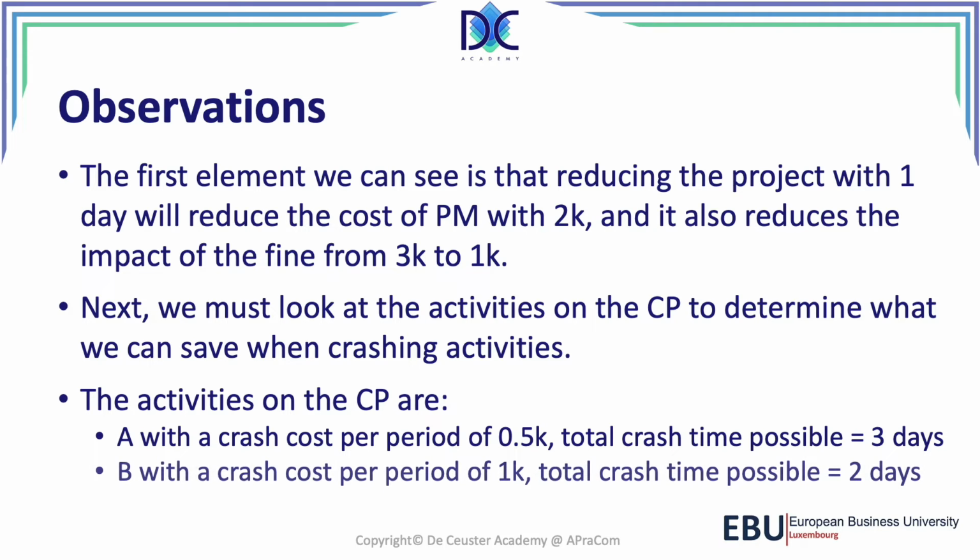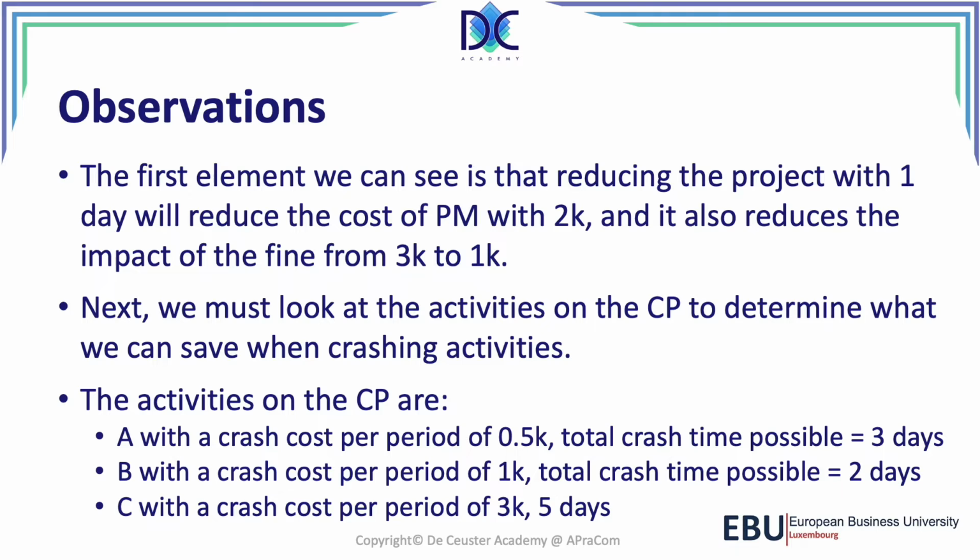B has a crash cost per period of 1K. The total crash time possible is 2 days. So those two would give us 5 days that we need. So we have to see, is this sufficient? We also have activity C with a crash cost per period of 3K. We can crash C with a total of 5 days.